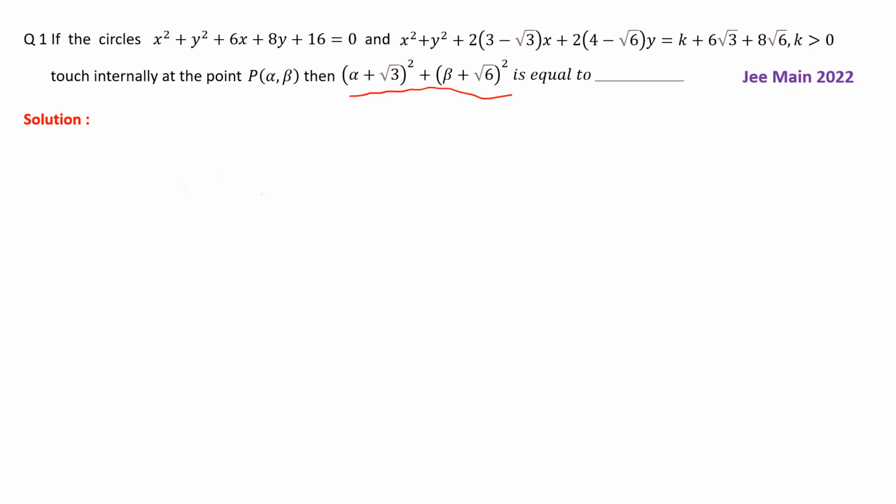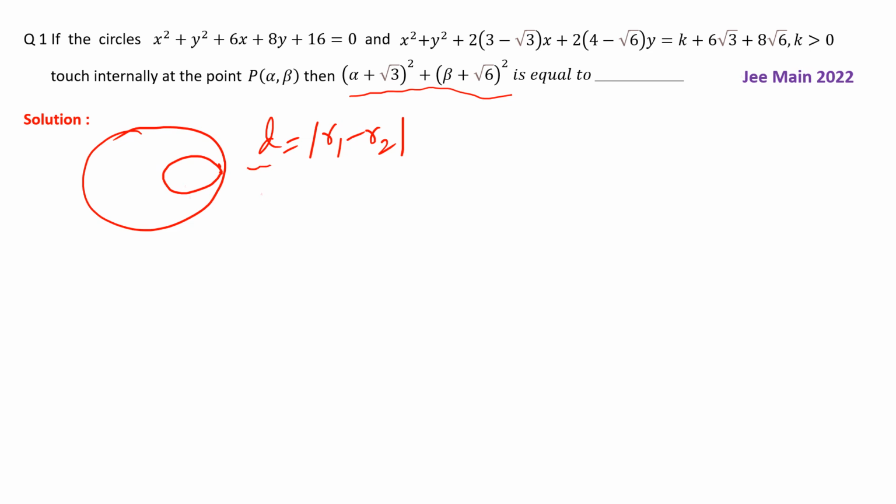Now, as we know that whenever two circles touch each other internally, the condition is D must be equal to mod of R1 minus R2, where R1 and R2 are the radii of these two circles and D is the distance between their centers. Fine. Now let me call the first circle C1.